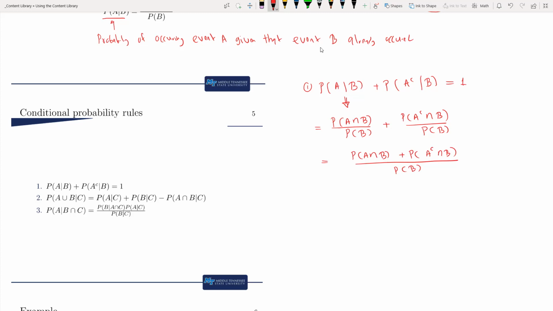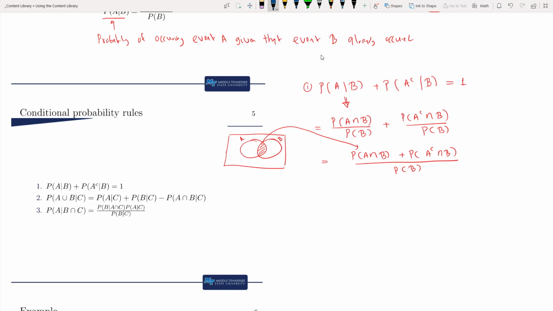In a way, you can understand this is true because let's say you have this Venn diagram, A and B. First you have A and B, which is this area. Then A complement and B. What is A complement and B?